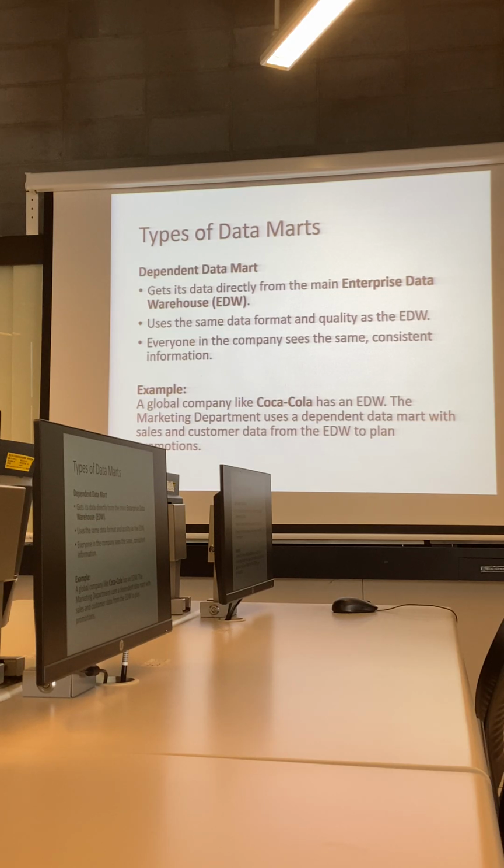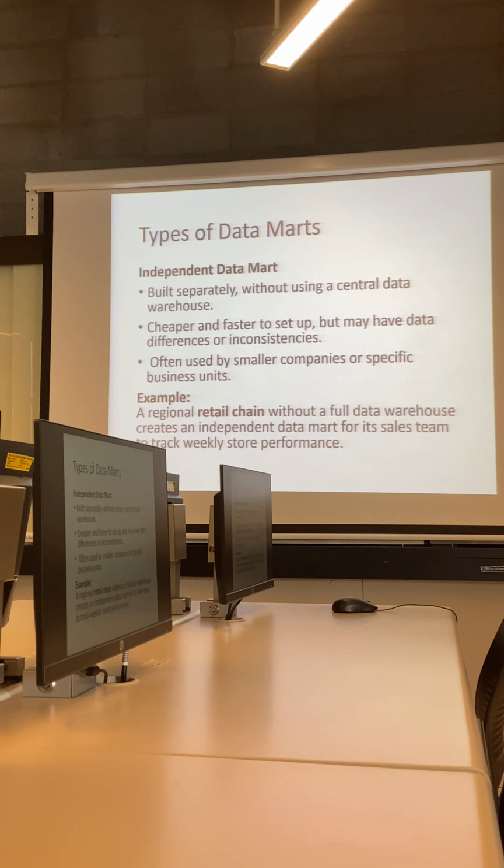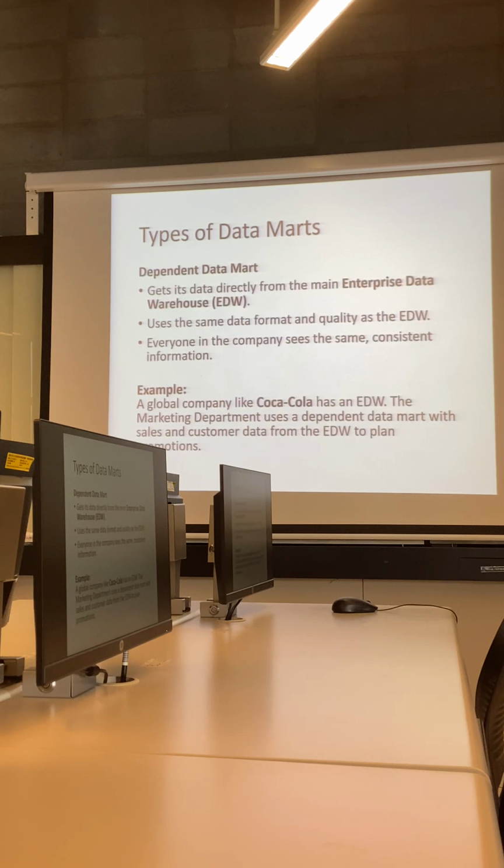Data mart itself is divided into two: dependent data mart and independent data mart. So what is it? A dependent data mart gets its data directly from the main enterprise data warehouse, the main company data.